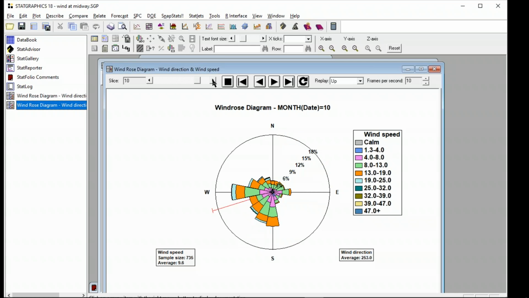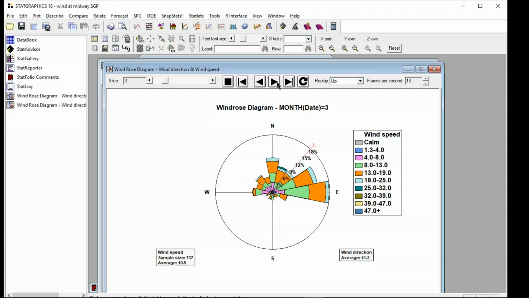In September, back to the east. October, November, December, back to the west. Now, that is jumping around a lot, and that's because I suspect the only data I had was from 2018. I suspect if I could get similar data for maybe a 30-year period, you wouldn't see quite as much jumping around from month to month.